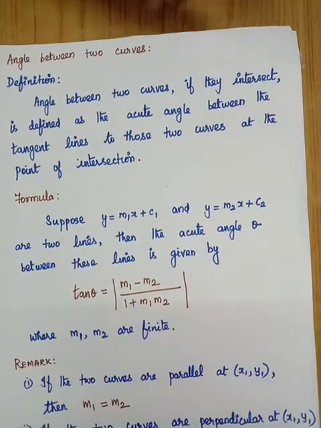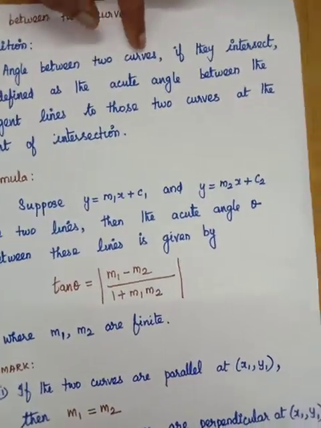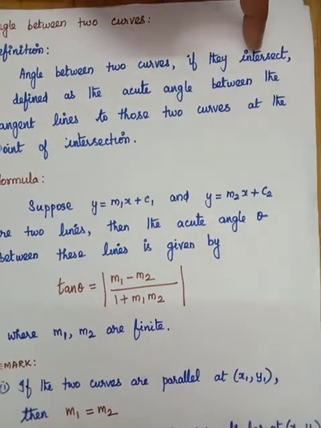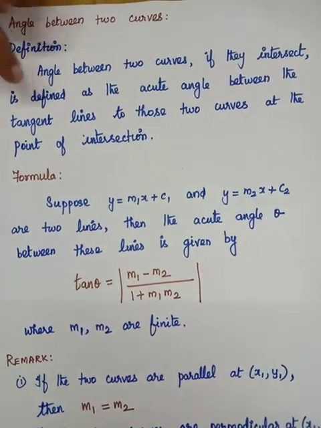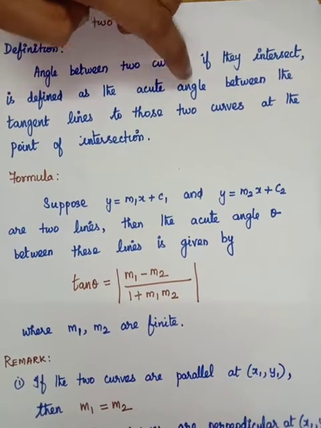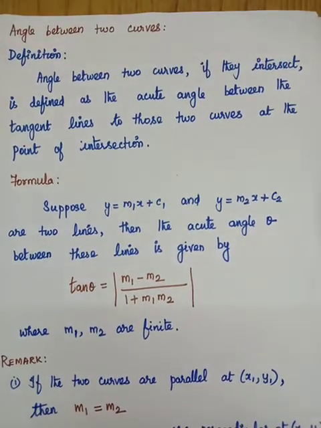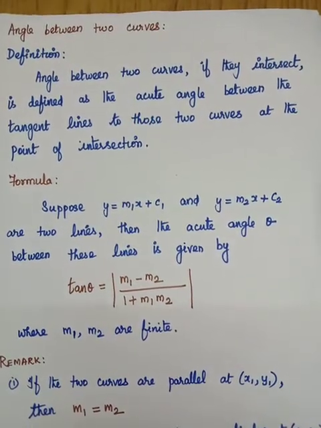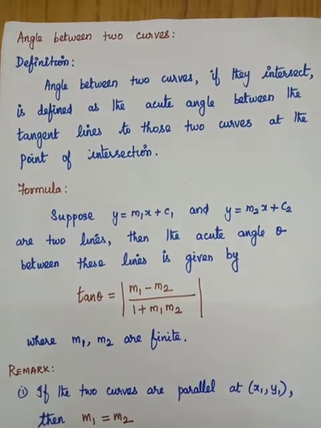You see the definition of angle between two curves. If the two curves intersect, it is defined as the acute angle between the tangent lines to those curves at the point of intersection.